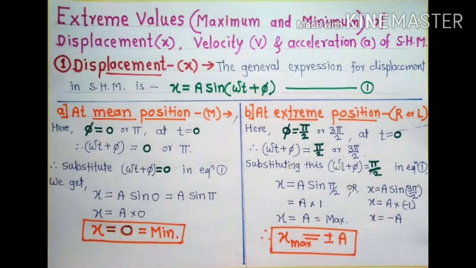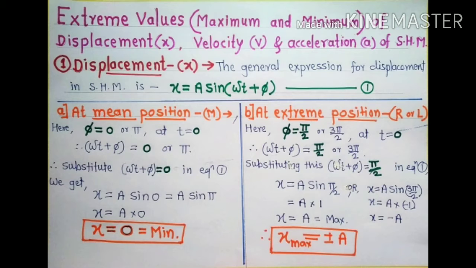Sin pi by 2 is equal to 1, and therefore x becomes equal to A into 1, that is equal to A, or sin 3 pi by 2 is equal to minus 1, and therefore x becomes equal to A into minus 1, that is minus A, and thus x is equal to plus or minus A. This A is the maximum value of displacement, that is, the distance between mean and extreme position.